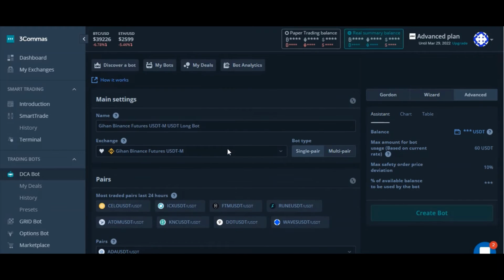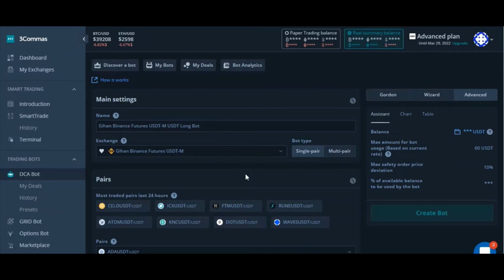But you know, as you do futures trading, you need to be very careful, because this is not like spot trading. In spot trading, you will not lose anything, because once you buy, the coins remain with you.